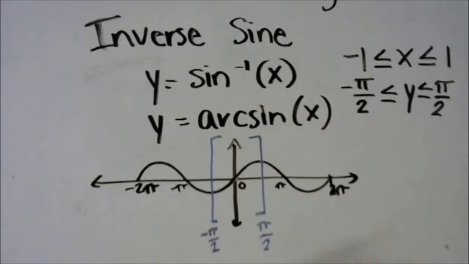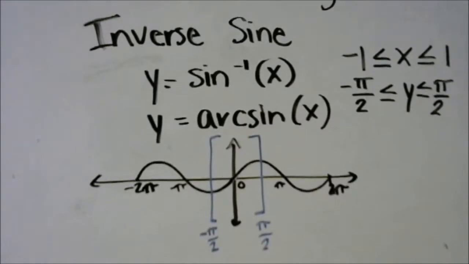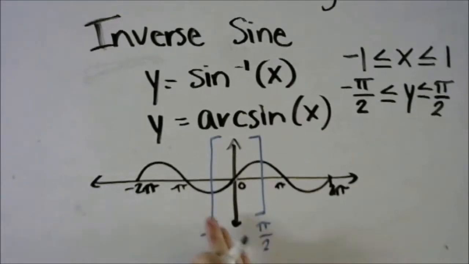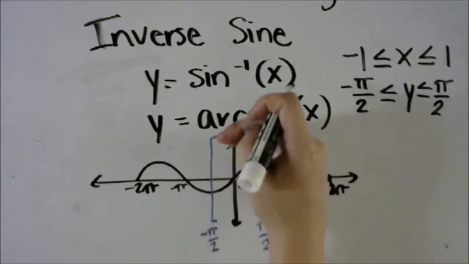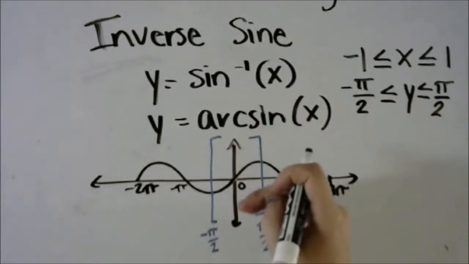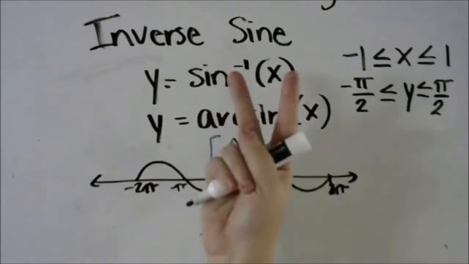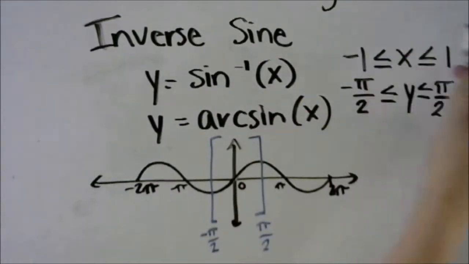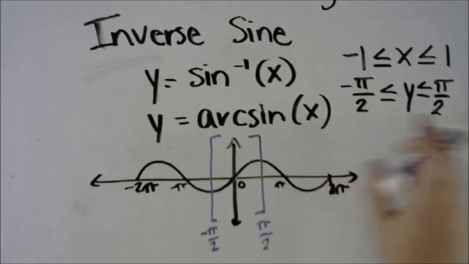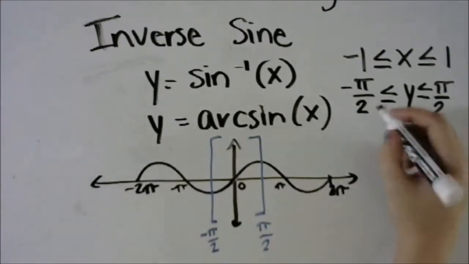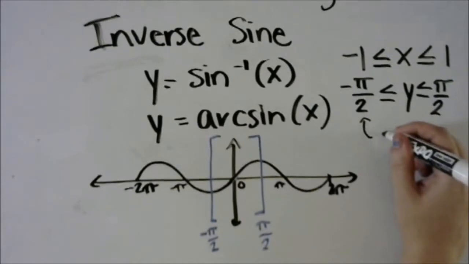Now remember what an inverse function is. We know for the sine function, the input is an angle and the output is a value from negative 1 to 1. So if we take the inverse of that, the input is now a value from negative 1 to 1, and the output is now an angle, except this time it can't be any angle.